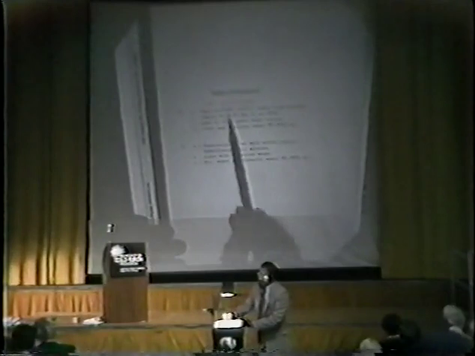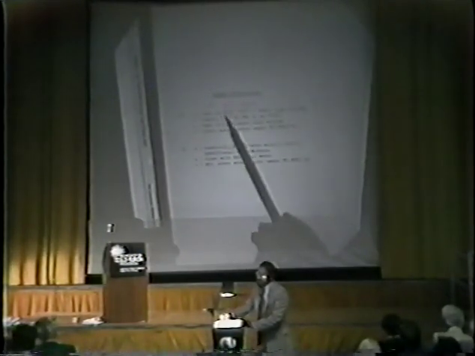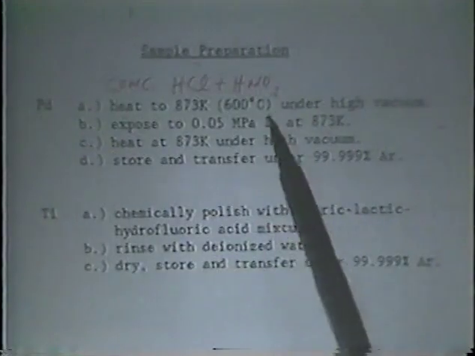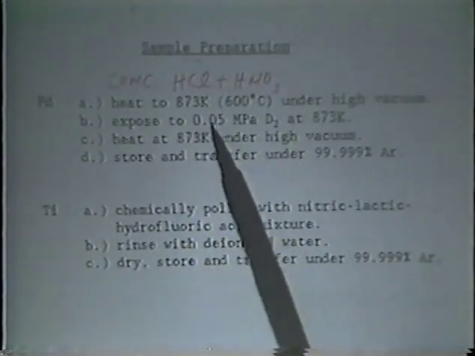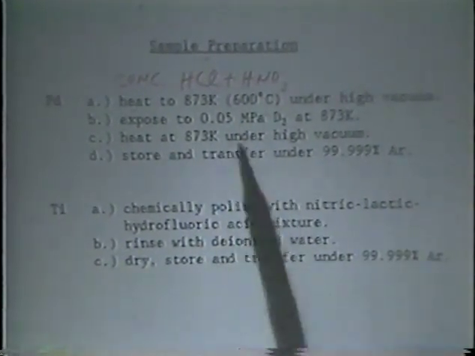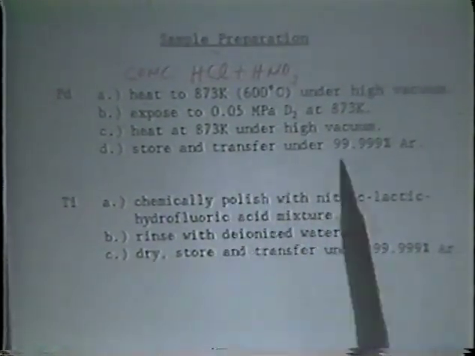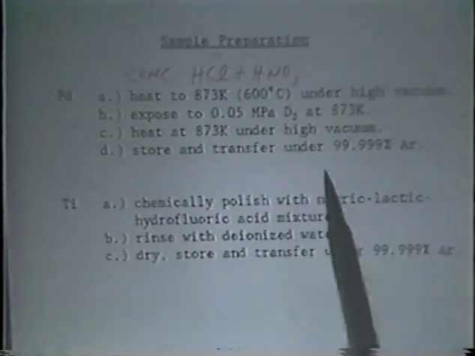Sample preparation, I neglected a step here for the palladium. We initially cleaned the foil with concentrated HCl plus nitric, rinsed that off, heated the palladium under high vacuum to about 600 degrees centigrade, exposed it to about 1/2 atmosphere of deuterium gas to remove any oxide coating, then heated again under high vacuum for about an hour, and then we stored and transferred the palladium material under high purity argon.